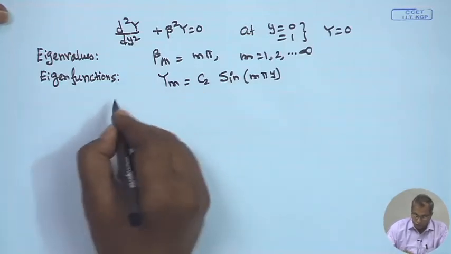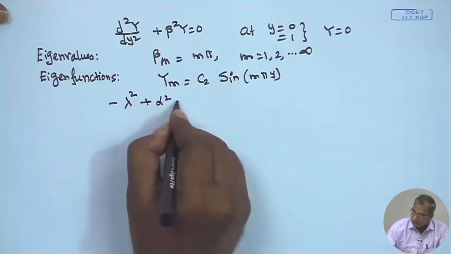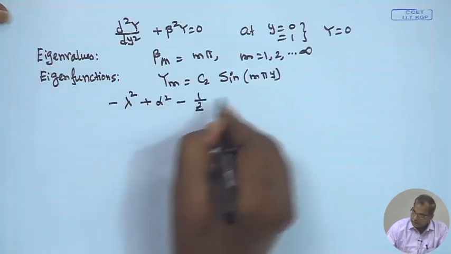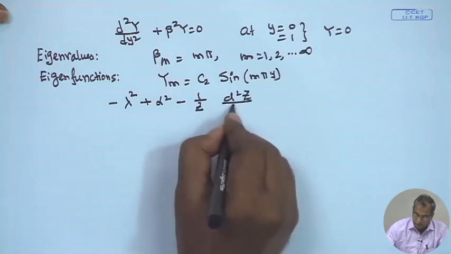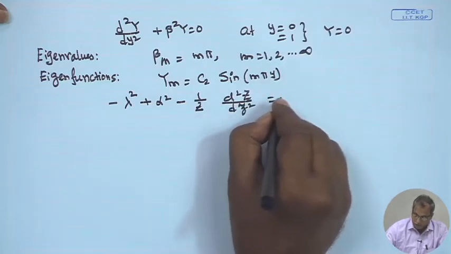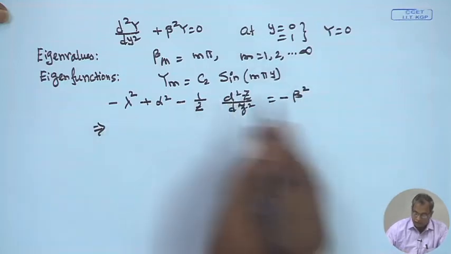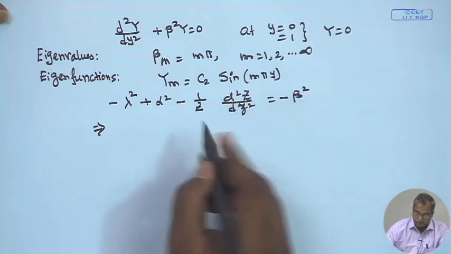Now, let us look into the z varying part. So, if you look into the governing equation, minus lambda square plus alpha square minus 1 over Z d square Z dz square is equal to minus beta square. So, I take the z varying part to the other side and bring beta to the left hand side.